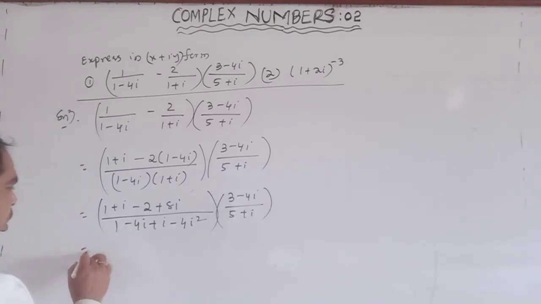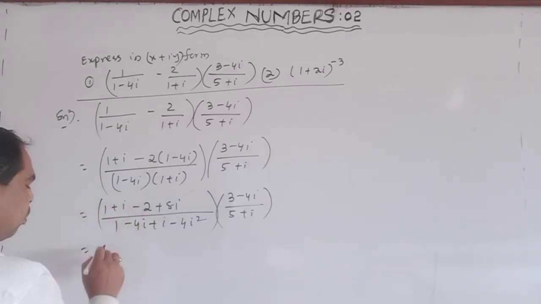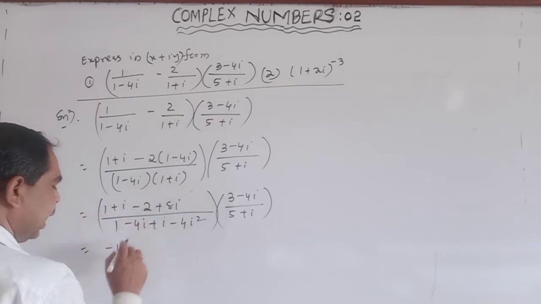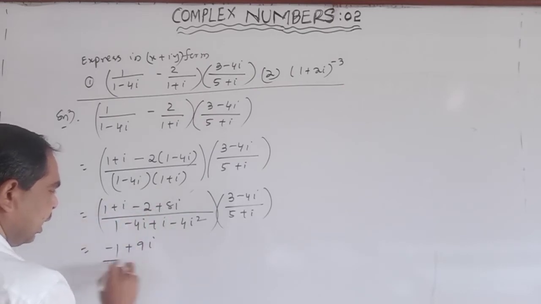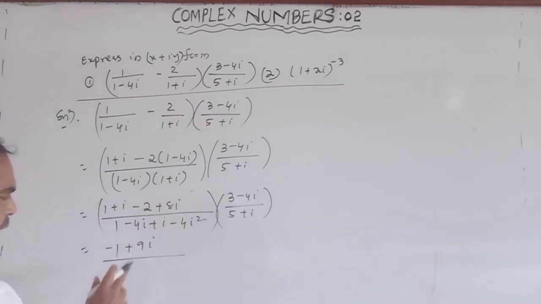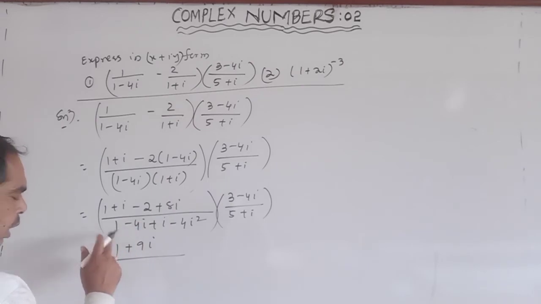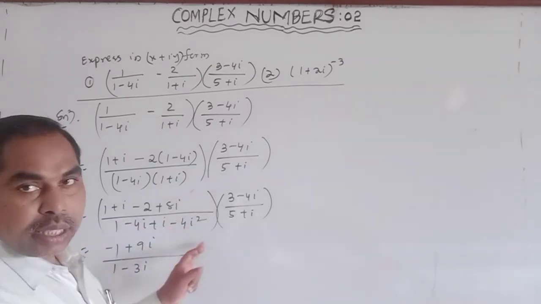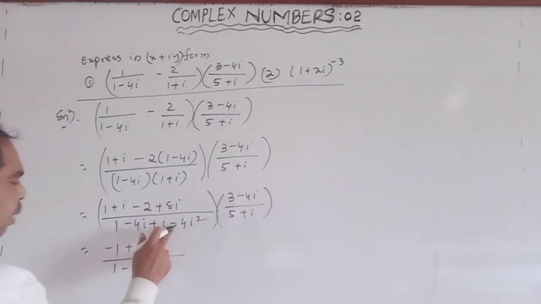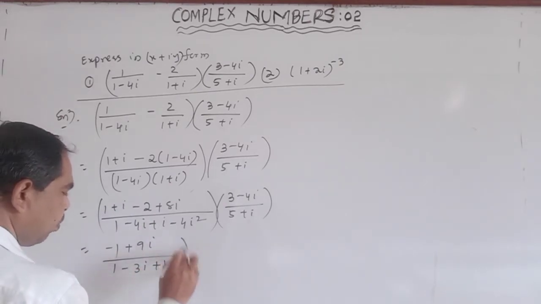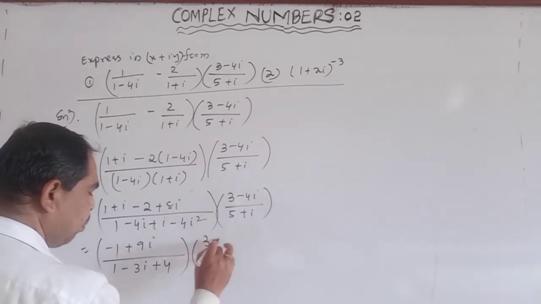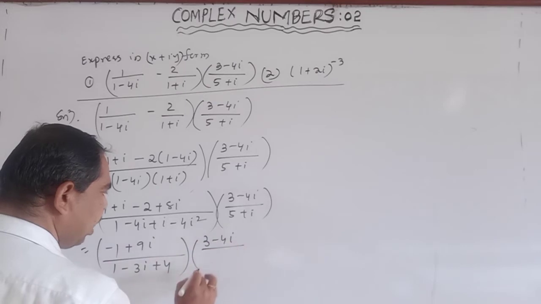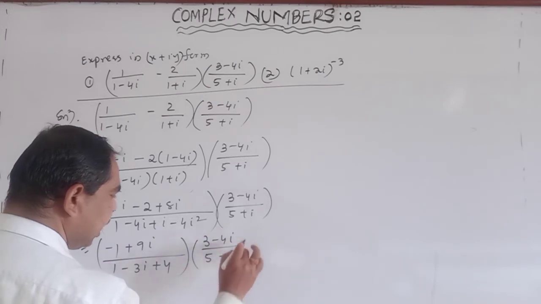So it is equal to 1 minus 2 minus 1i plus 8i, 9i, divided by this is 1 minus 4i plus i minus 3i. 4i square is minus 1, so minus 1 into minus, plus, so plus 4, into (3 minus 4i) divided by (5 plus i).